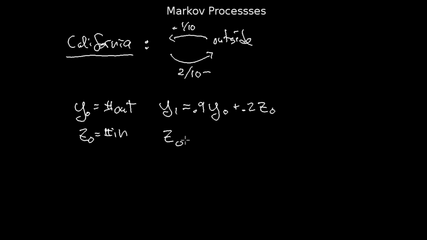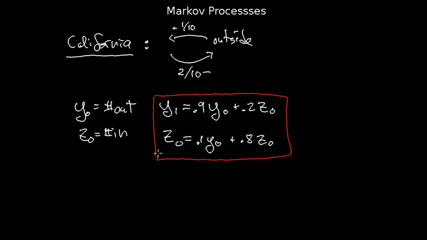And what's happening to the number of people inside? Well, 1/10 of the people outside moved in, and 2/10 of the people inside moved out, leaving 0.8. Okay, so that's a pair of linked linear equations.